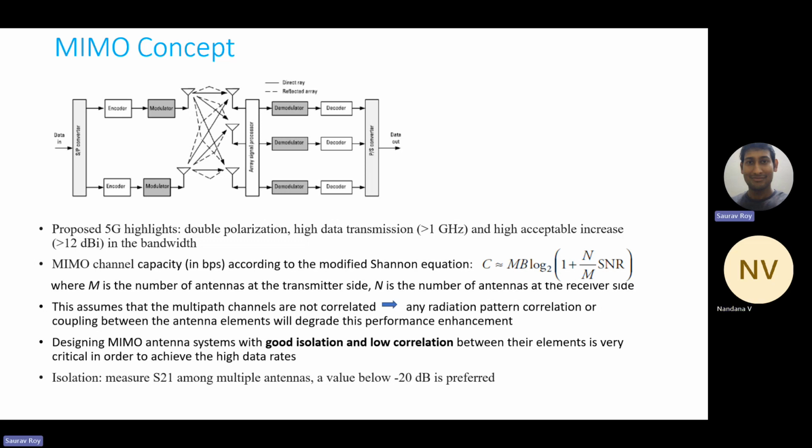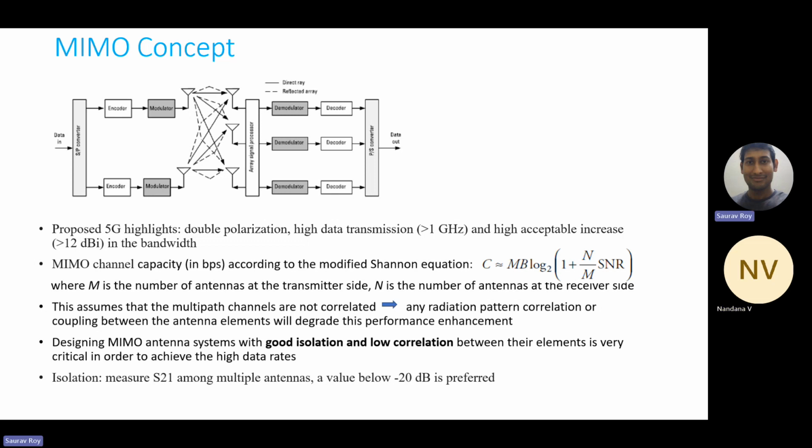So any radiation pattern correlation or coupling between the antenna elements will decrease the performance. That is how we come to the characteristics of our antenna design: we should reduce the coupling. If you remember, if we have a multi-port antenna, we should reduce the coupling. Why is it important? It degrades the correlation. I told you, we need more diversity.